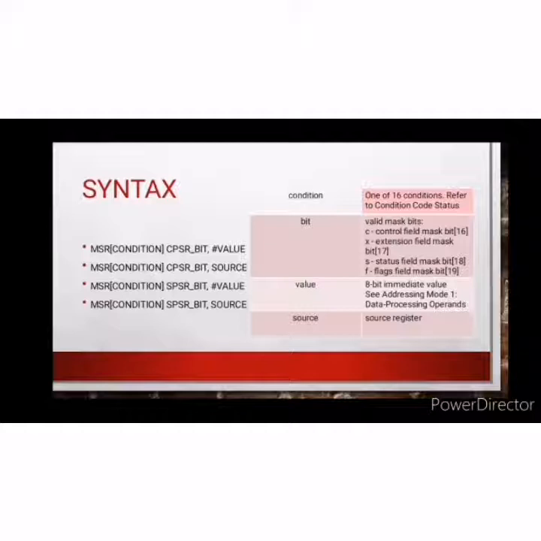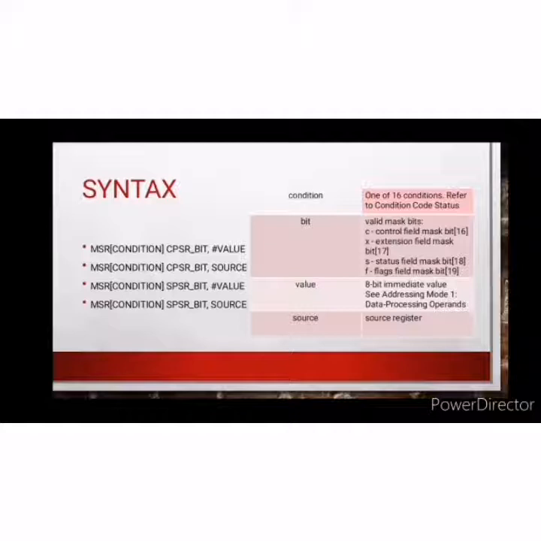MSR has a condition, which is 16 conditions referring to the condition code status, and then the bit, which is a valid mask bit, has 4 characters: C is the control field mask bit, X is the extension field mask bit, S is the status field mask bit, and F is a flag field mask bit.